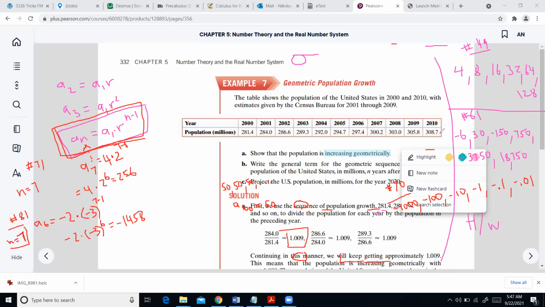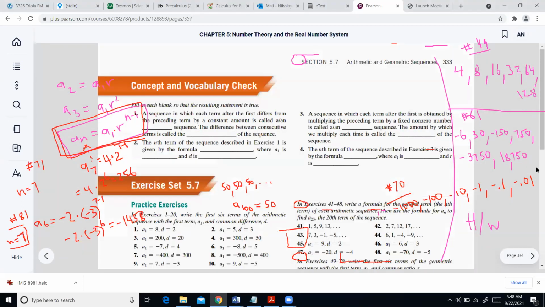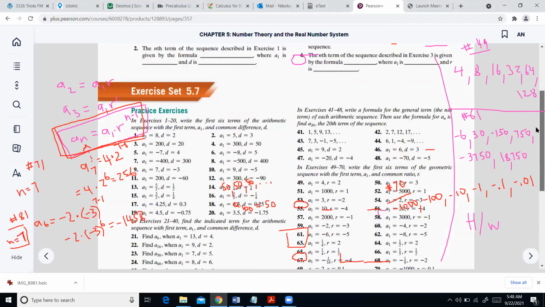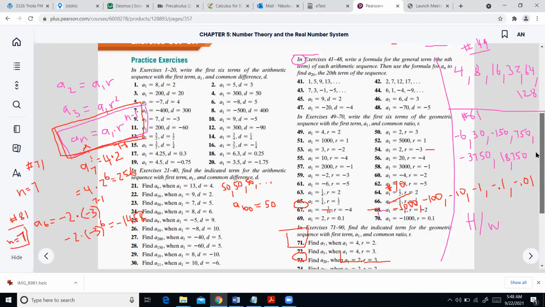So it's the same ratio involved. So it turns out that in nature or in real life around us, these geometric sequences are quite popular when something is decreasing or increasing with the same ratio. We can eventually see what we get at the end.